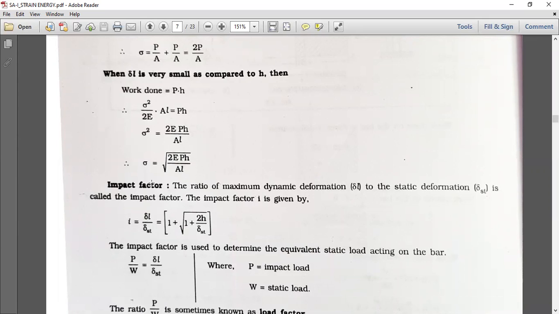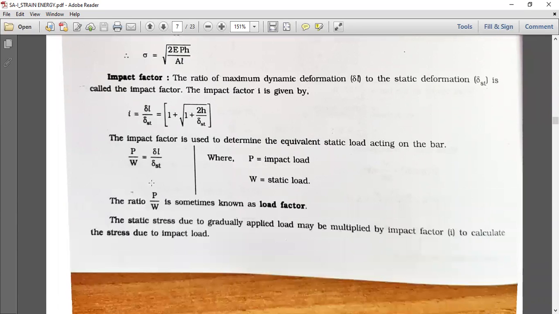Now the impact load factor. The ratio of maximum dynamic deformation delta L to the static deformation delta ST is called the impact factor. The impact factor I is given by I is equal to delta L upon delta ST, which is equal to 1 plus under root of 1 plus 2h upon delta ST. The impact factor is used to determine the equivalent static load acting on the bar.